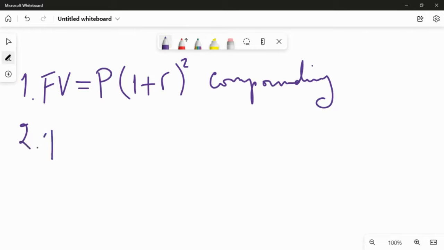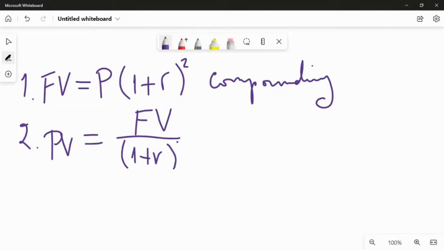But if principal is the unknown, we can solve for principal, which is the reverse process of compounding.